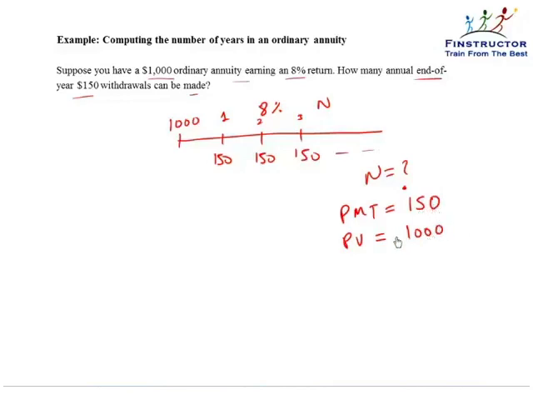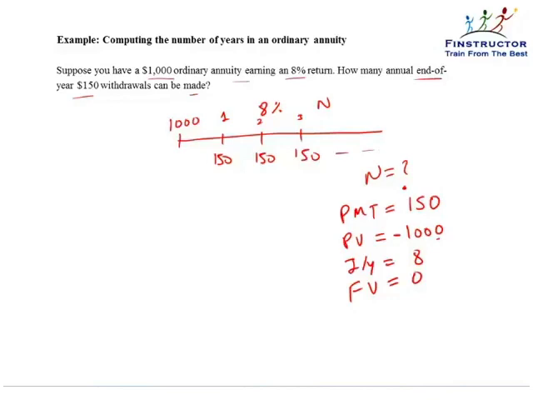So you either enter PV as negative, that is, you're implying that you've invested $1,000 and now you're receiving $150 every year, or you enter PV as positive but then enter PMT as negative in order to get the right answer. So the interest rate per period is given to be 8% in the question, and I don't want to be left with anything at the end, so FV is equal to 0.